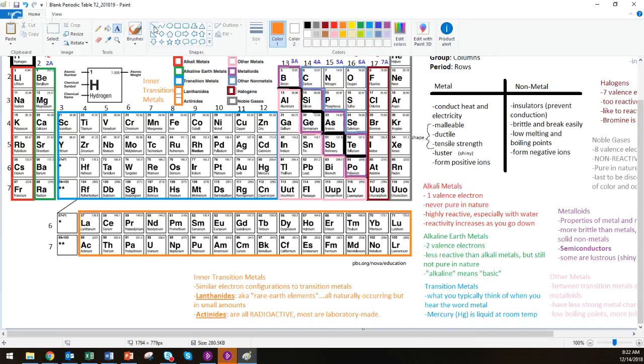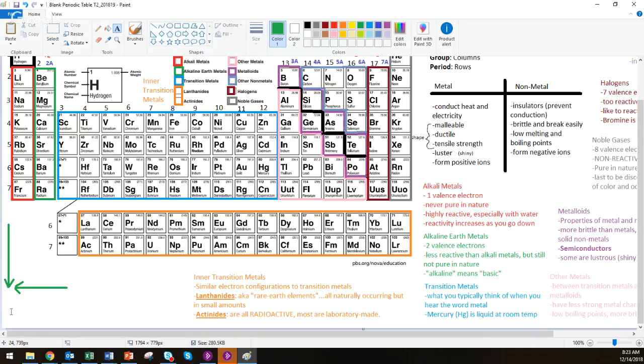So radius, I don't want to use orange, use green. All right.